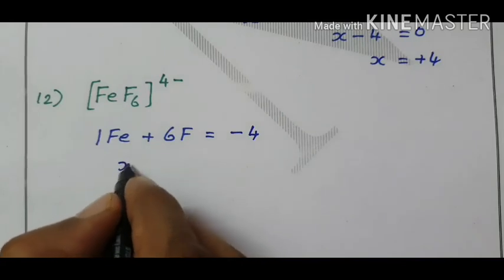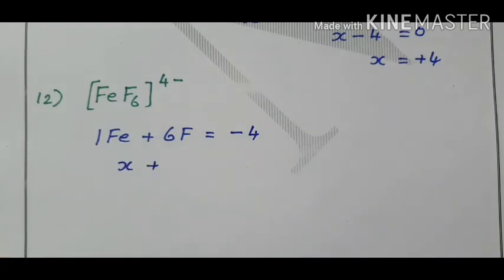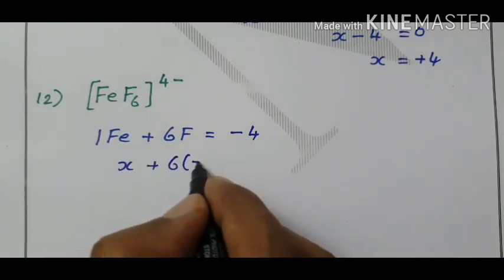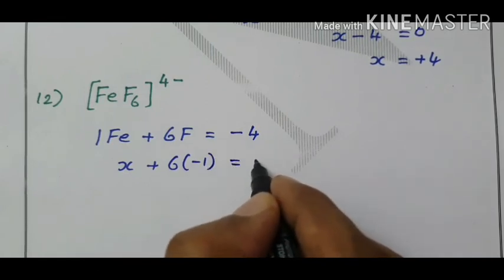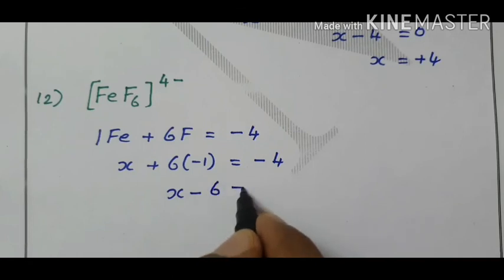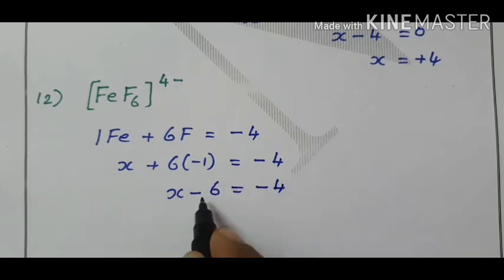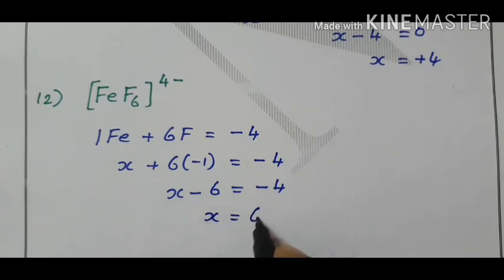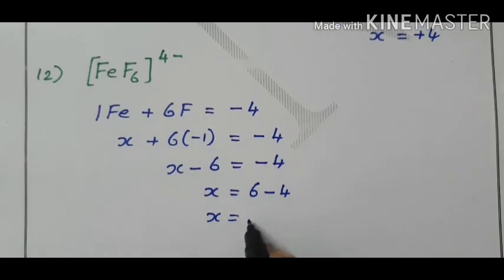Fe we have to calculate: X plus 6 into F negative ligand minus 1 equal to minus 4. X minus 6 equal to minus 4. When you bring minus 6 to the right hand side, it becomes plus 6. 6 minus 4 equals plus 2. Oxidation state of Fe in this complex is plus 2.